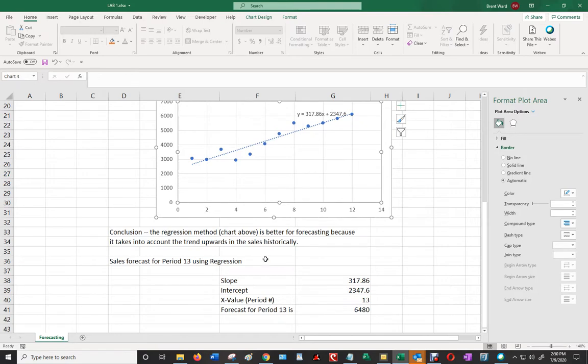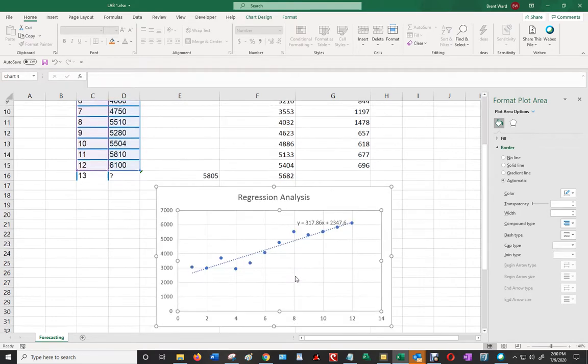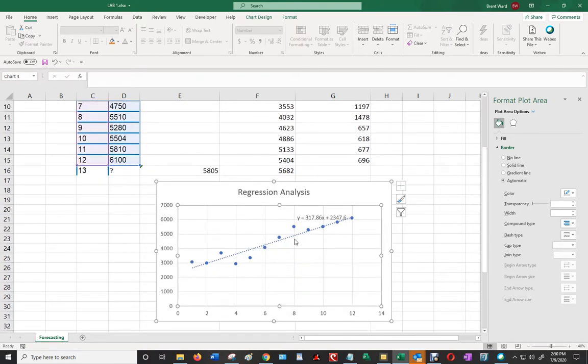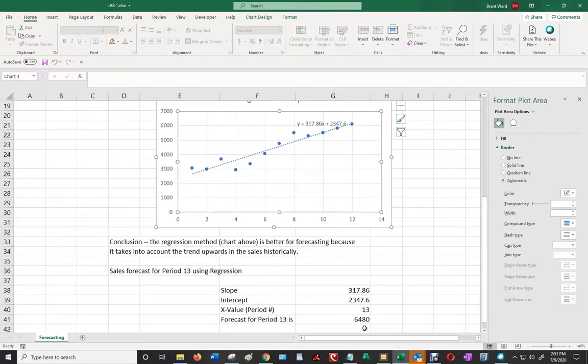And that's how I would do this assignment. So what we did was a 3-period moving average to predict period 13, and got 5805. We then did exponential smoothing, which gave 5682. And then we tried to fit a line and found that this line fit really well to this data. So we used this equation of the line to make a forecast for period 13.